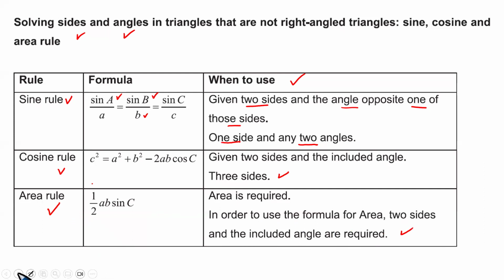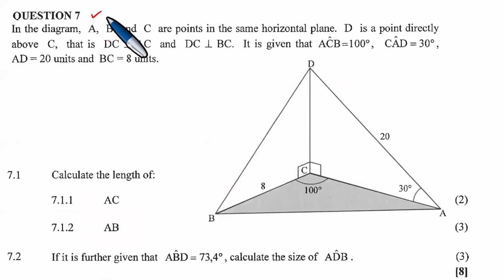Okay, we proceed. Here is a past examination question that seeks to apply the rules we've learned thus far. In the diagram, A, B, and C are points in the same horizontal plane.